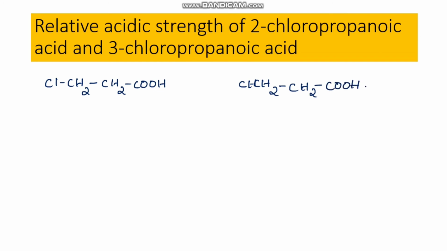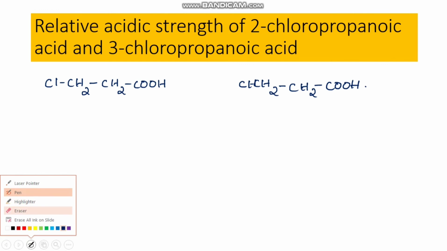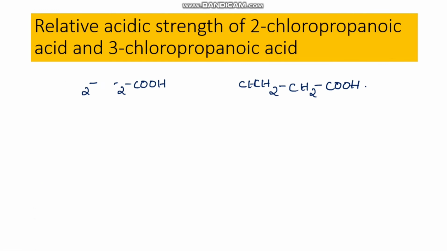This is 1, 2, 3. And 2-chloropropanoic acid is CH3, CHCl, COOH. Okay, so 2-chloropropanoic acid and 3-chloropropanoic acid. So which will be more acidic?